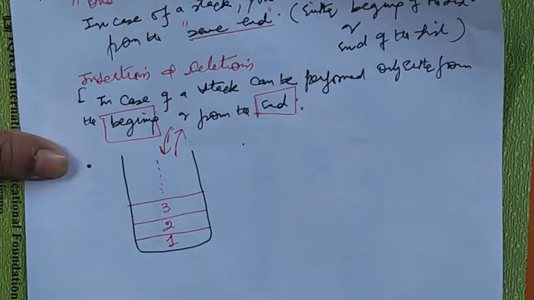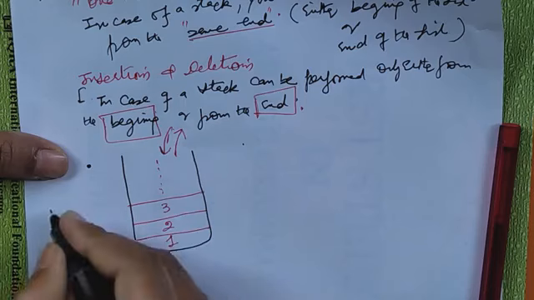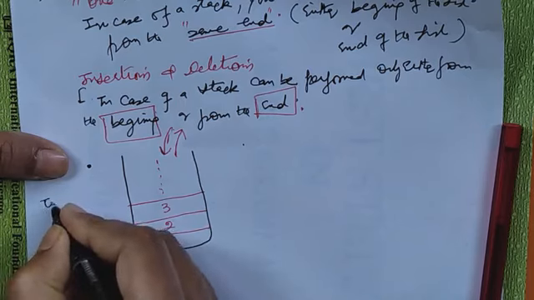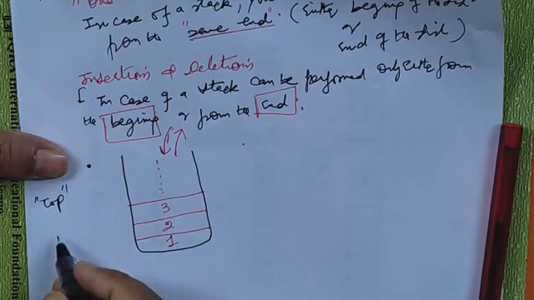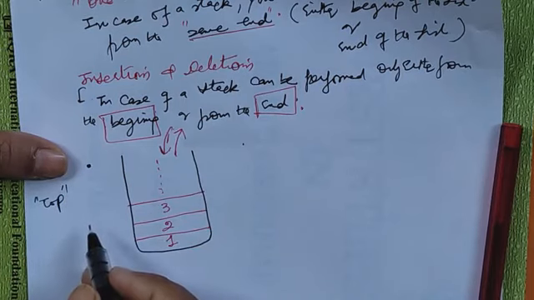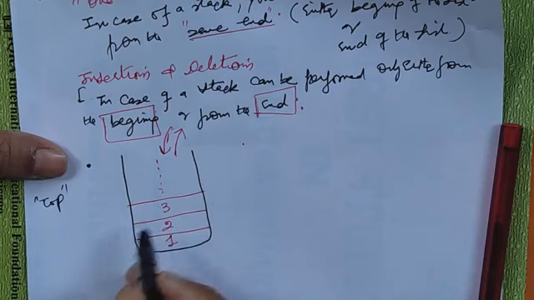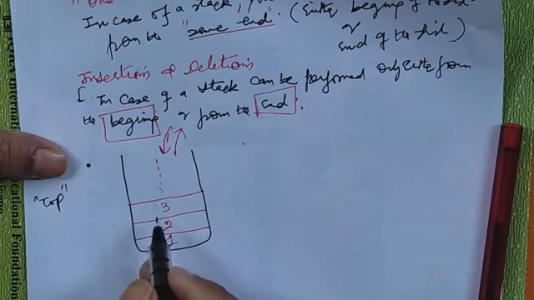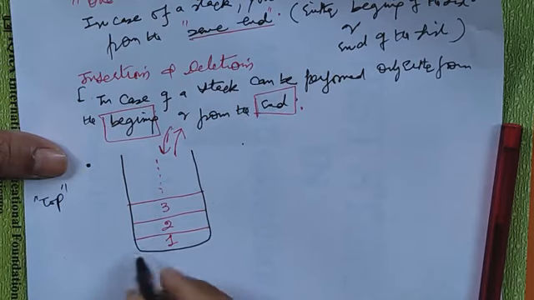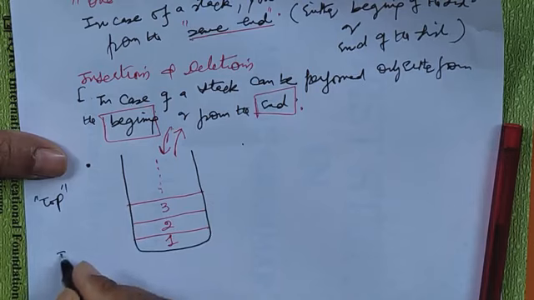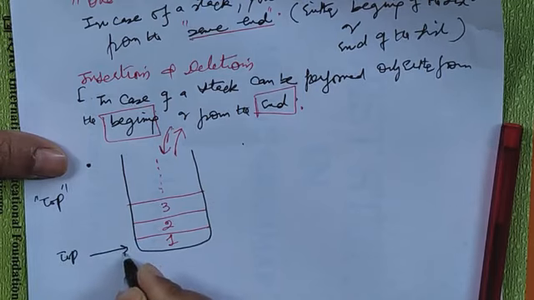And remember, in case of a stack we use a special name called the top of the stack. Top points to the topmost element of the list. For example, once we inserted 1, then top will point to 1.